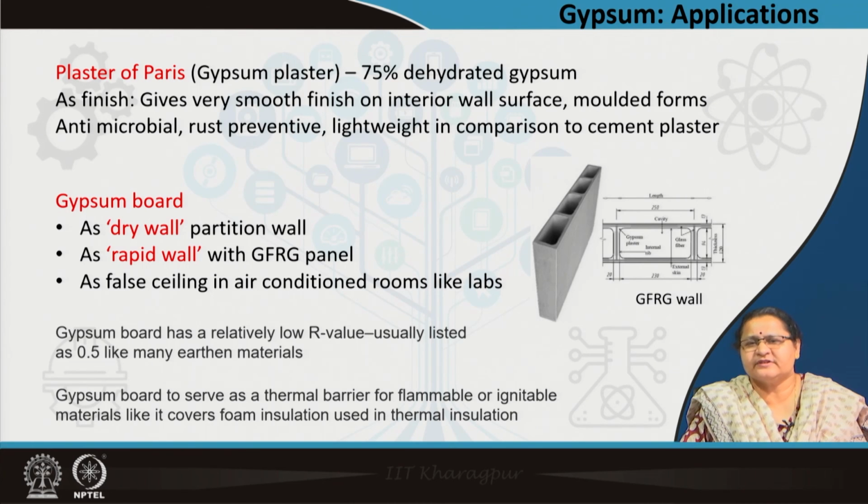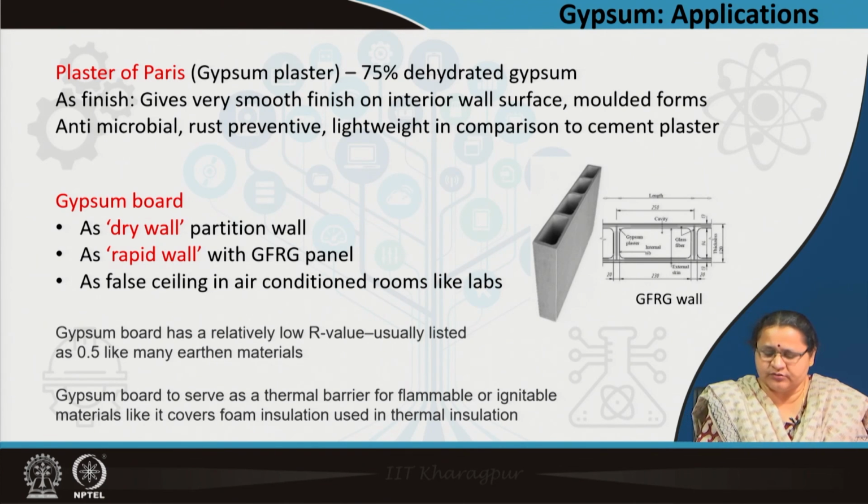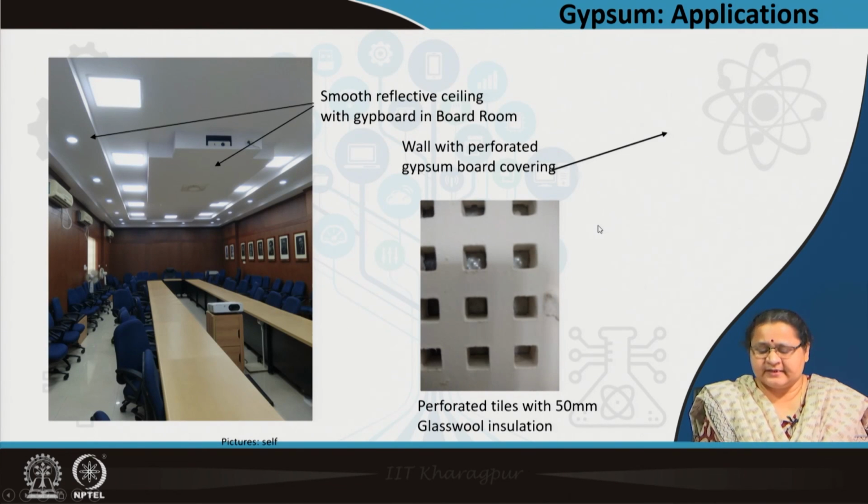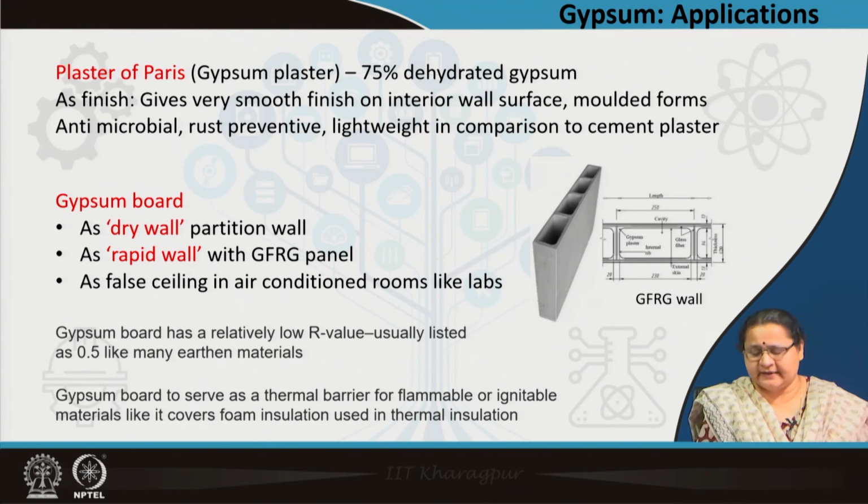So, as a composite with air entrapped within it, it acts as a better insulator. So, here also you see in this GFRG, these are air pockets inside the material. These are all hollow and this can act as an insulator, though it has not so high an R value, maybe a low R value of around 0.5.